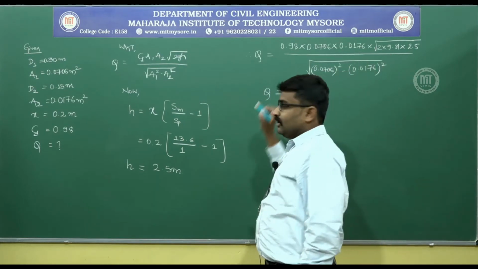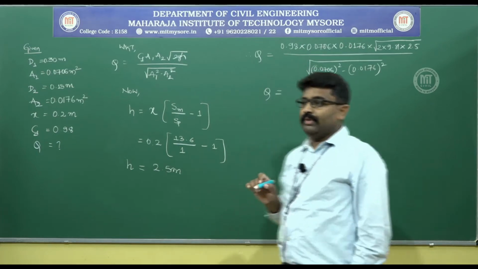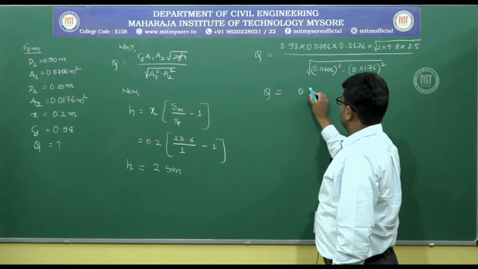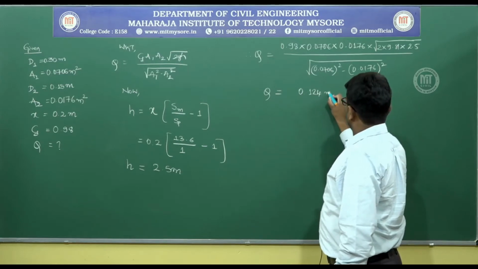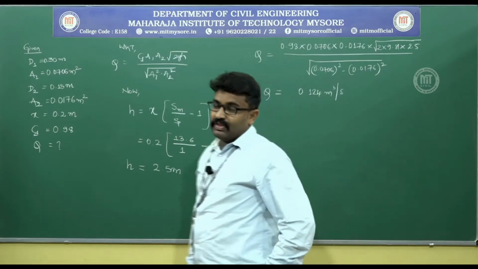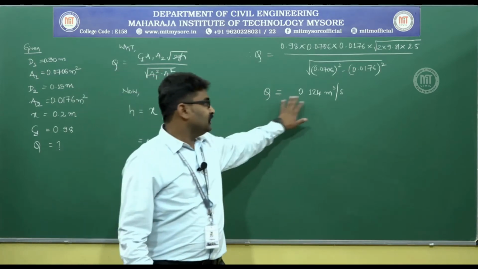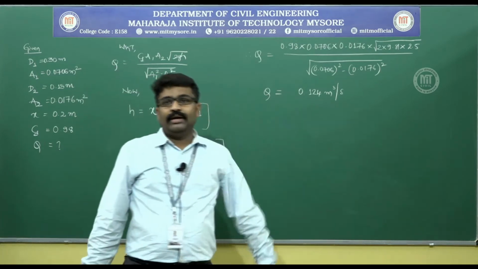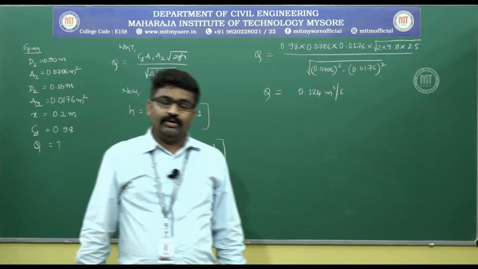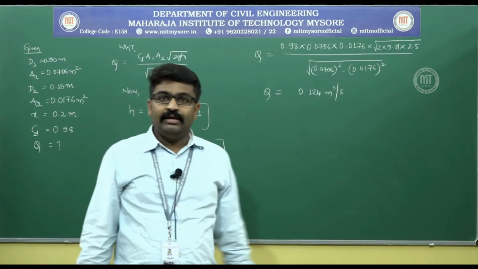When you solve it, you will get Q equal to 0.124 meter cube per second. All the quantities were in SI units, and hence the discharge with no doubt will have meter cube per second as its unit. It is an entry level problem. Sometimes it may be asked as a filler problem for 6 marks.